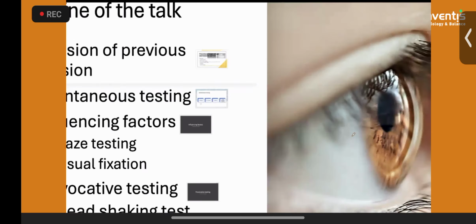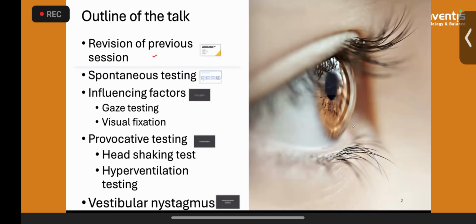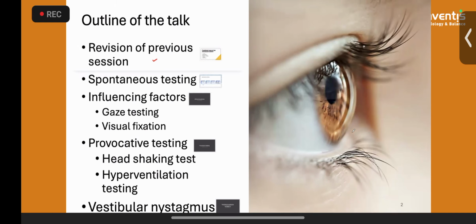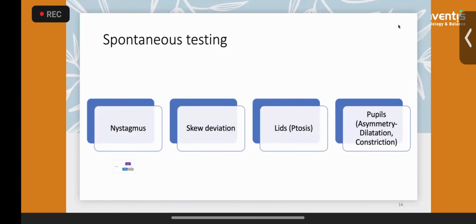We discussed three testings: saccadic testing, smooth pursuit, and optokinetic. So this time we dive into the spontaneous testing, the first part. In this, basically, when you look at the eyes of the patient with the help of the videonystagmography, we are aiming to check for the nystagmus.